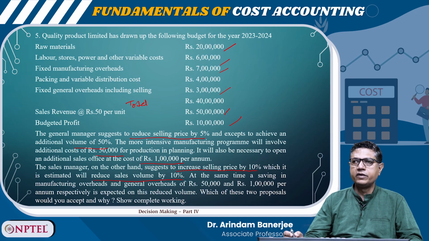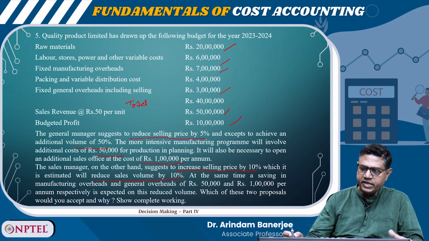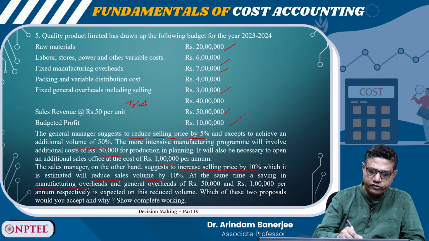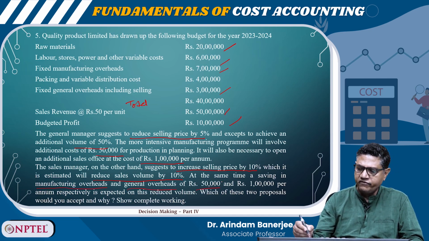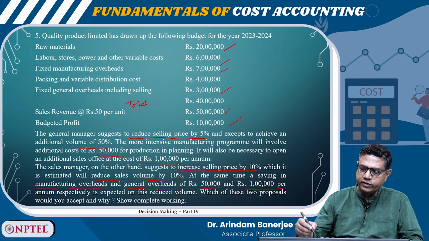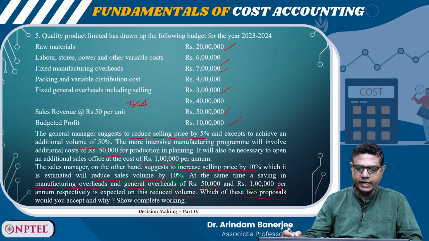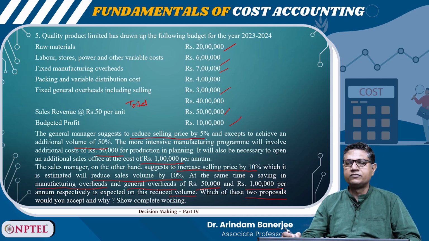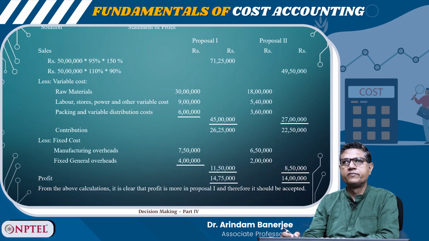At the same time, because the sales volume is reducing, the company will save in manufacturing overheads and general overheads of rupees 50,000 and rupees 1 lakh per annum respectively. It is expected on reduced volume. Which of these two proposals would you accept and why? So, the question is that we need to take a call on which one we should accept.